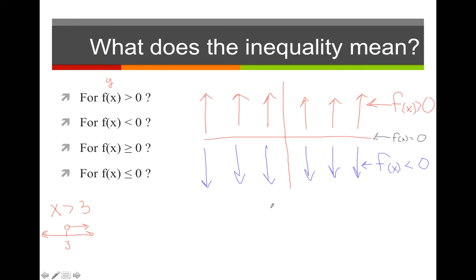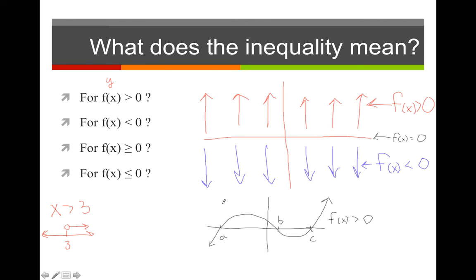So if I was to look at some sort of graph that looked something like this, and I said that this was A, and this was B, and this was C, and I asked, where was this function greater than 0? I should be able to look at this graph and say, oh, it's everything above the x-axis.